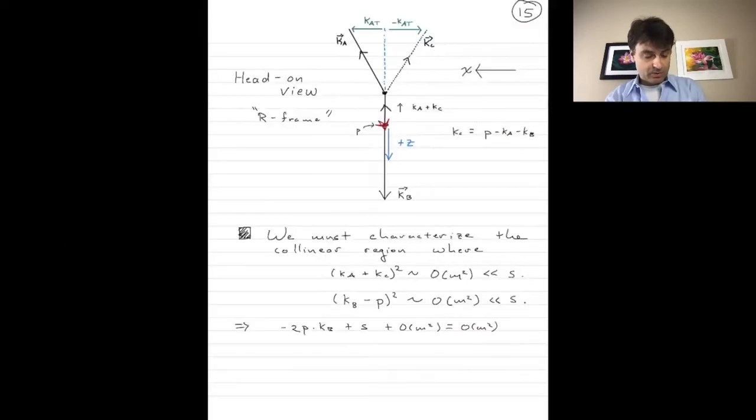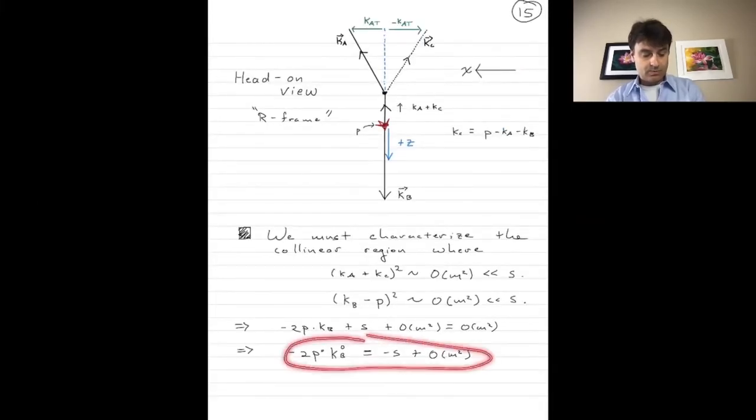So one thing we can do is just expand that out. That becomes negative 2 P dot Kb, but P dot Kb is just square root of S times the 0th component of Kb, and then P squared is S, Kb squared is order m squared. So I'm just re-expressing that here.